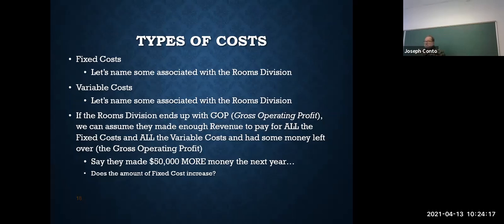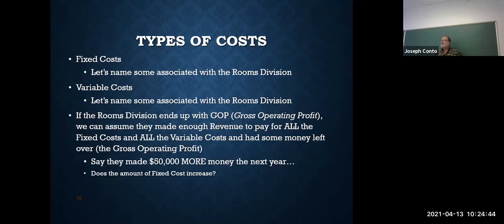The assumption is that that new $50,000, the additional money we made this year over last year, and assuming that prices didn't go out of whack, well, we know that of that $50,000, remember we made as much money as we did last year plus 50,000 more, some of it will get eaten up by variable costs.